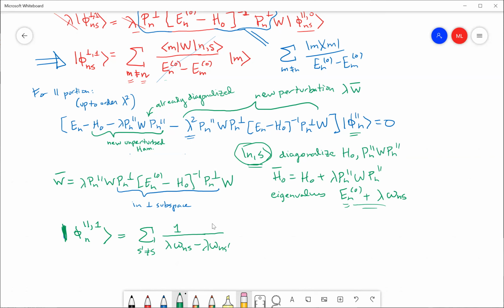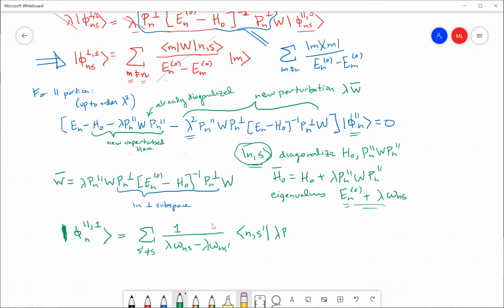It's just this newly reinterpreted perturbation theory. And then we have this relatively not so pleasant perturbation, this W bar. So let's just write it out.